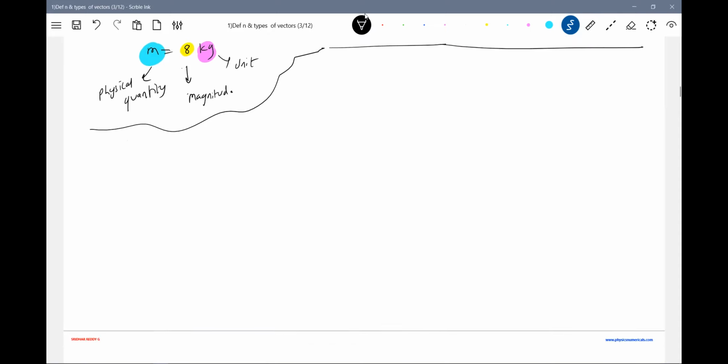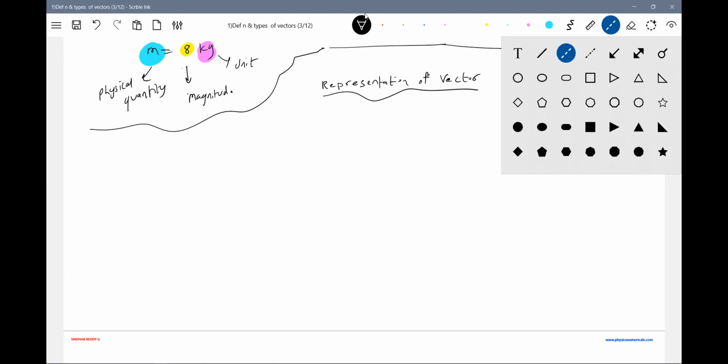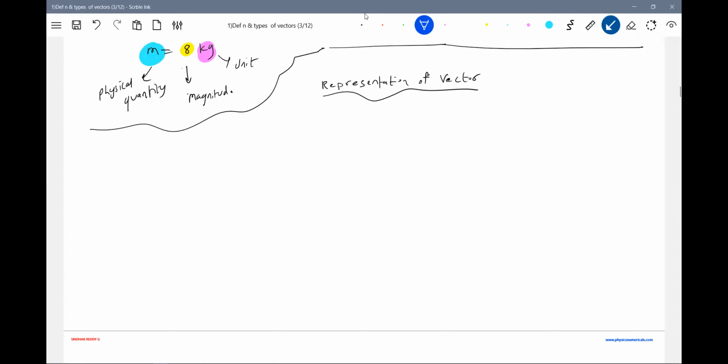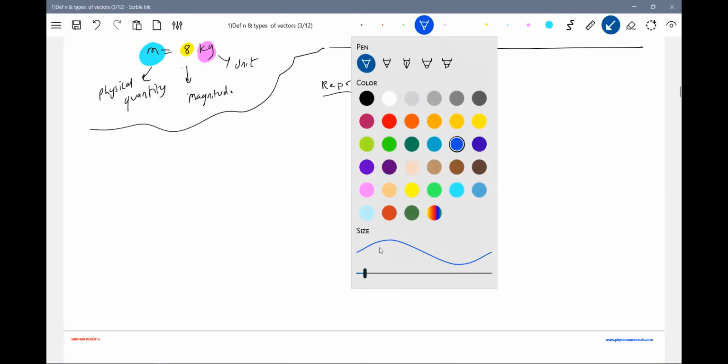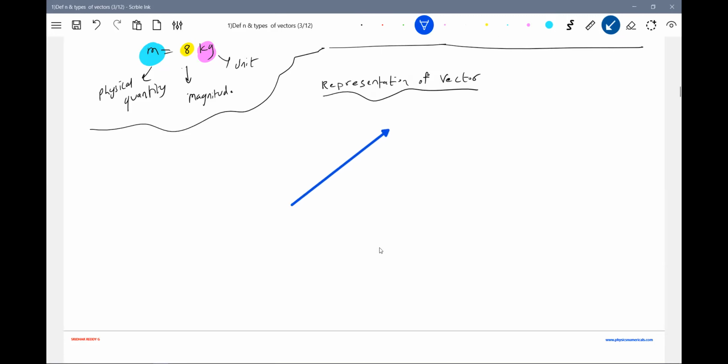Let me start this one. Representation of vector. How to represent a vector quantity? How to show that? The method is very simple. Just bring one arrow.